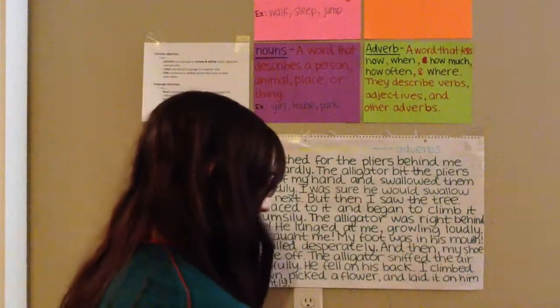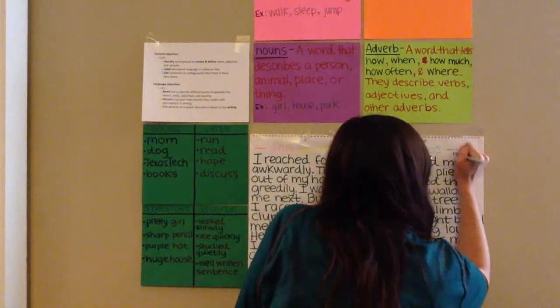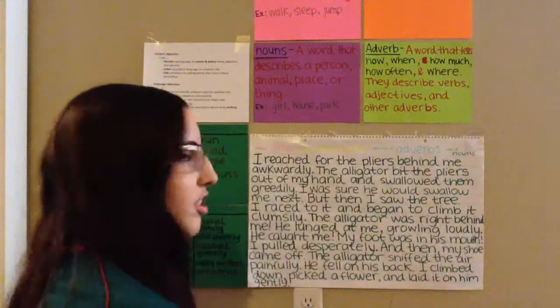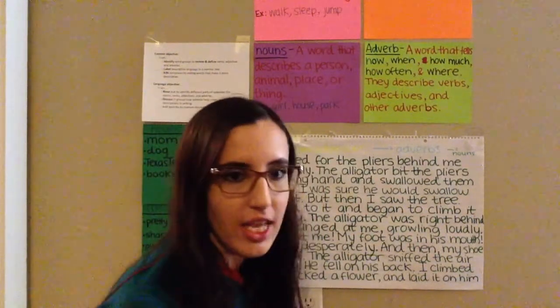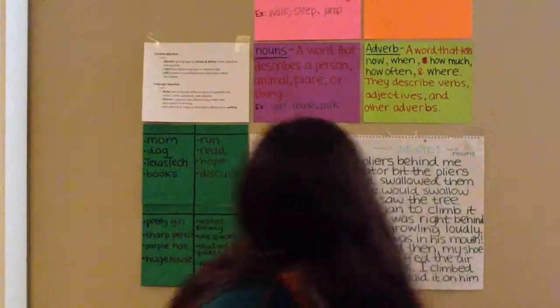And then, like I said, I'll go ahead and underline the nouns, so we can label that too. Okay, so I'm going to do the first few sentences for you, and then you are going to help me do them. So first I do, and then we do together.